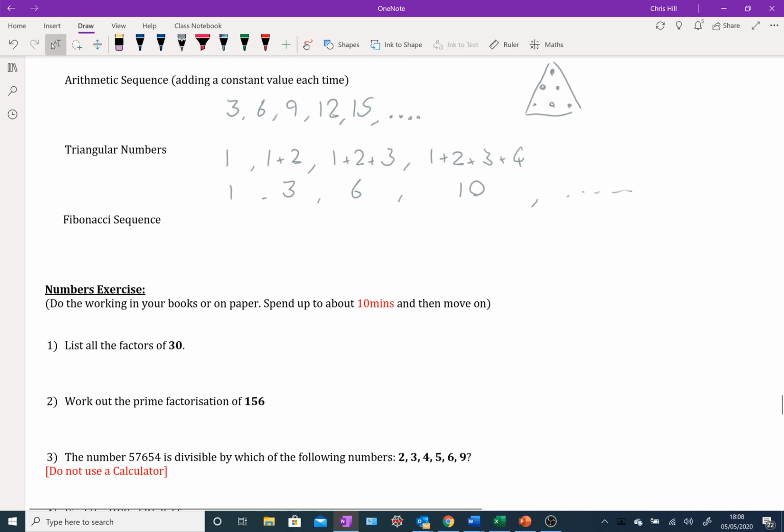And then lastly, there's this special sequence, which occurs a lot in nature, called the Fibonacci sequence, which you need to know about. The rule is that each term after the first 2 is the sum of the 2 that have gone before. So we've got 1 plus 1 is 2. And then the next one will be 2 plus 1, 3. Next one will be 3 plus 2 is 5. Next one will be 8, and so on. That's called the Fibonacci sequence.